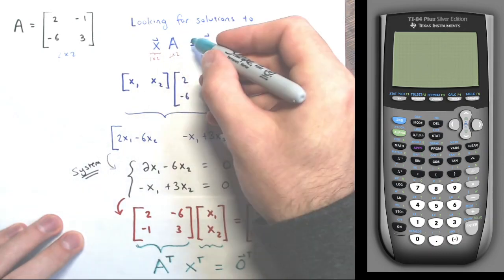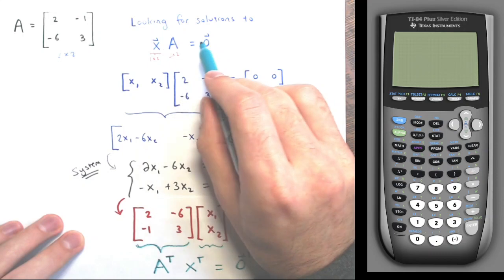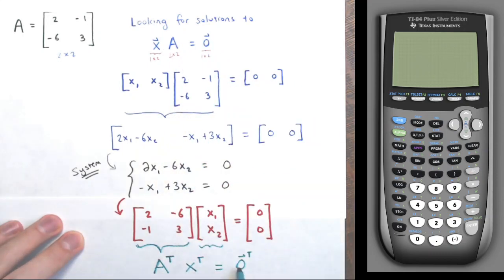It's a transpose of both sides, like I did on the previous page, where I took the transpose of both sides and you get this back down here at the bottom.